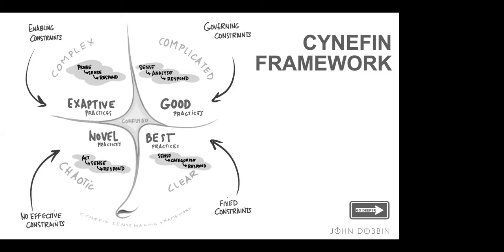So, for example, one of the enabling constraints in Agile is to do very small iterative pieces of work rather than large pieces of work, but we constrain it. We say, what can we do in a sprint, in 1 week or 2 weeks? What can we do? And then show it to our user and then get feedback.